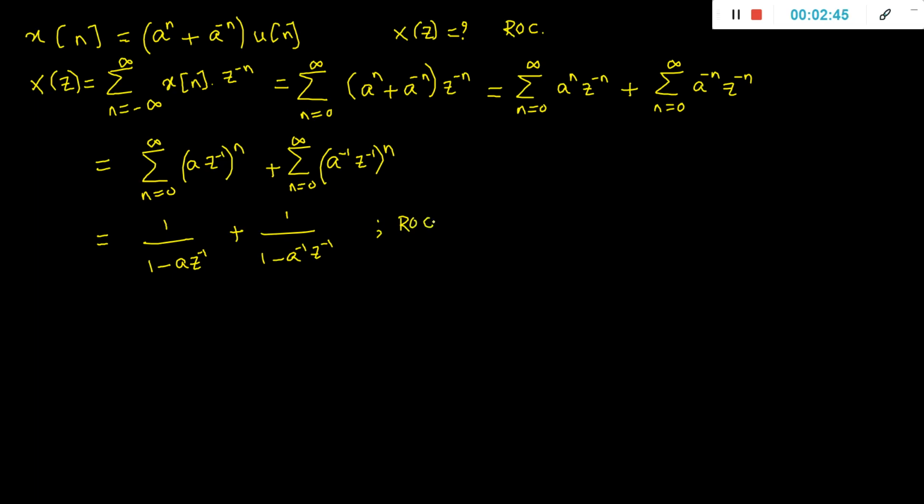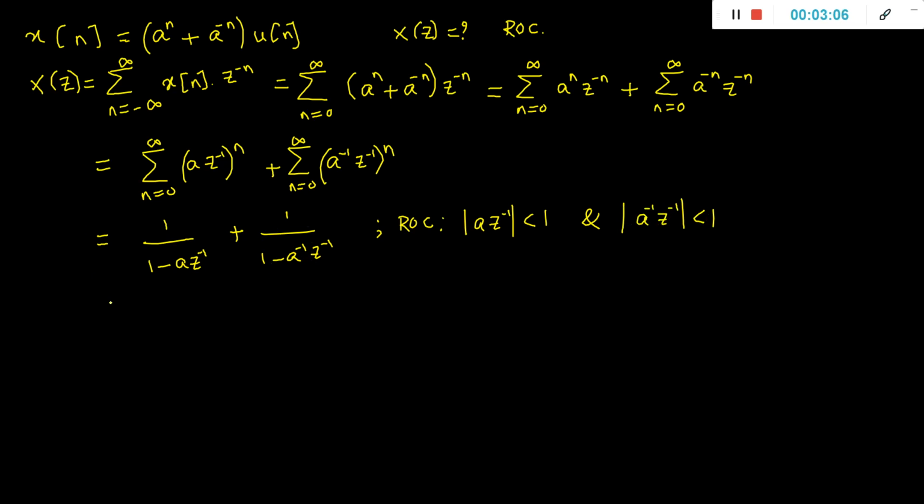If you look at the first term, the ROC will be mod of a z inverse less than 1, and since the second term's sum should also converge, we have mod of a raised to minus 1 z raised to minus 1 should be less than 1.